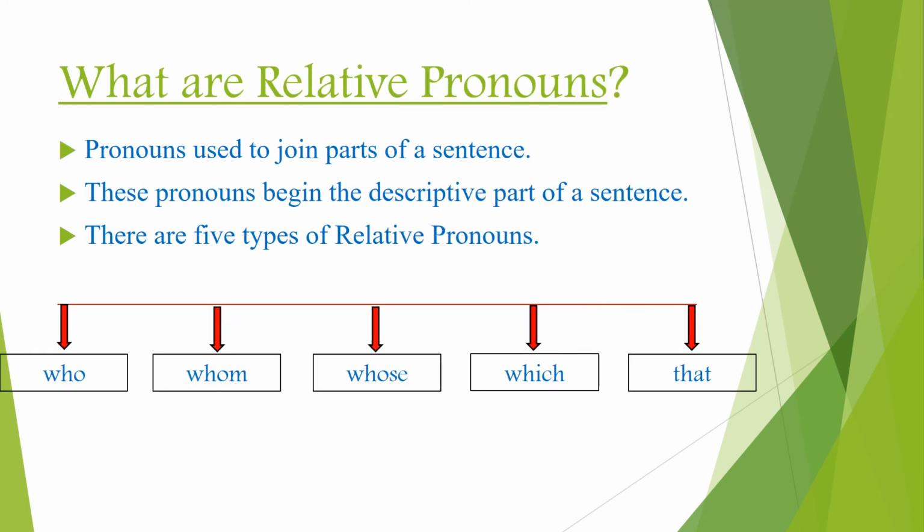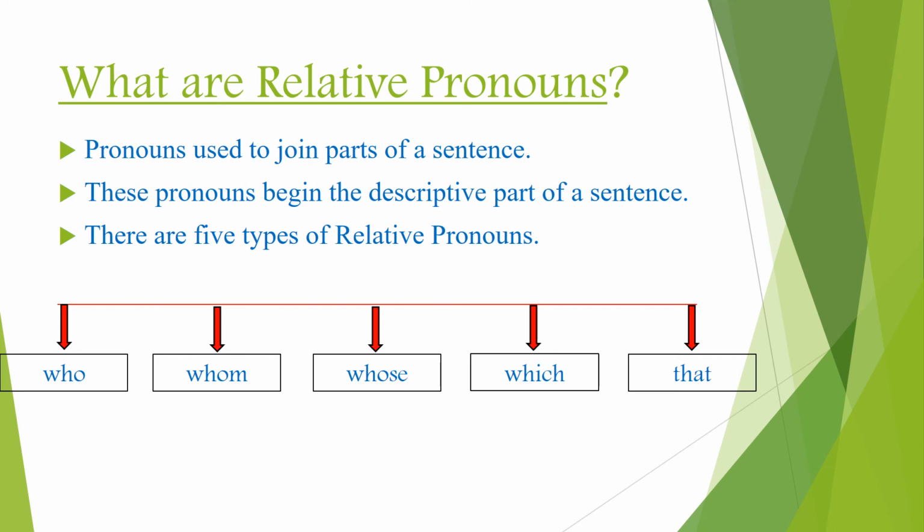The next type of pronoun is the relative pronoun. These pronouns are used to join parts of a sentence. So, if you have two sentences, you can make them one by joining them with a relative pronoun.